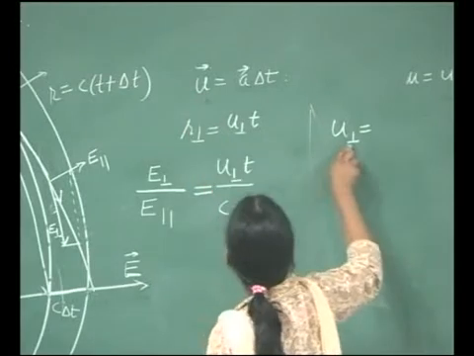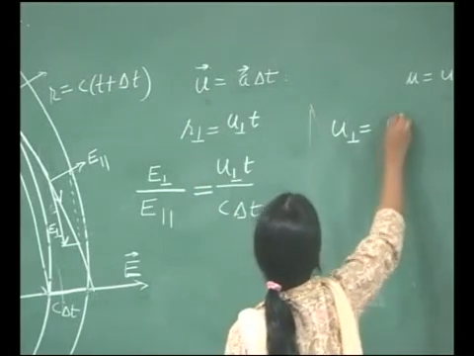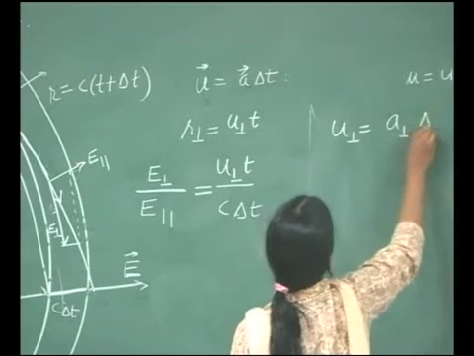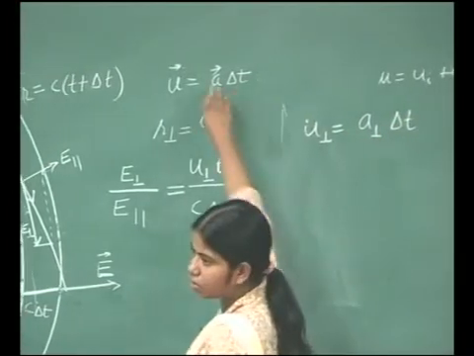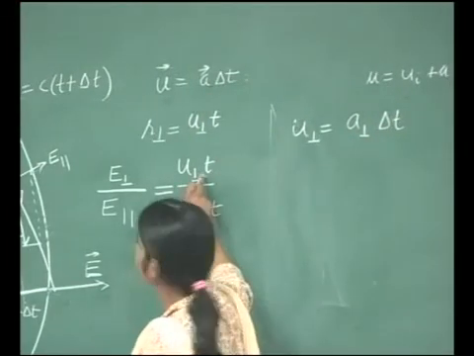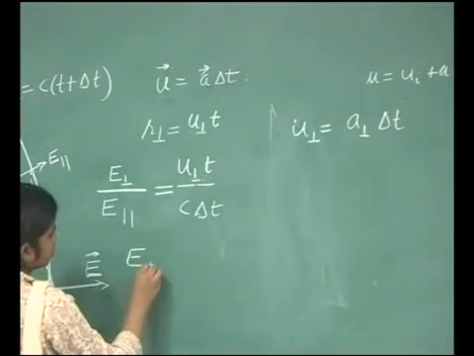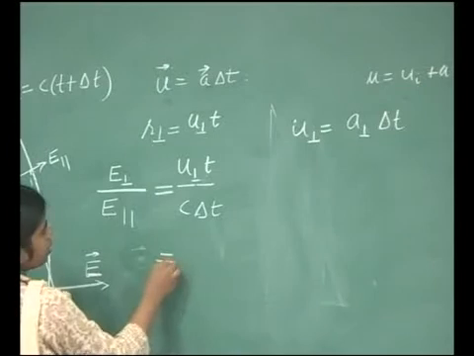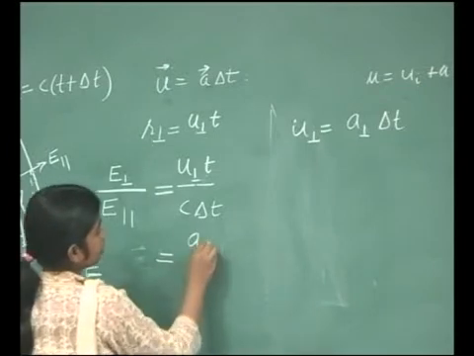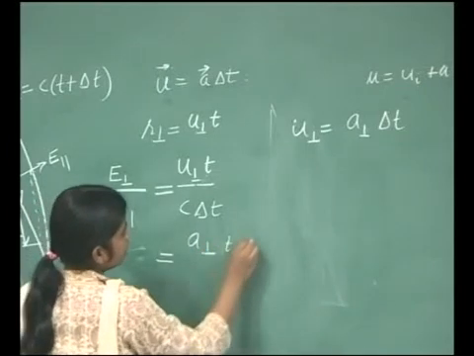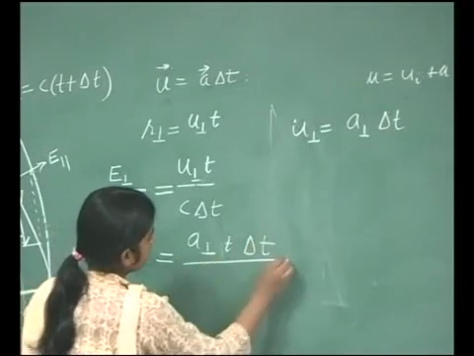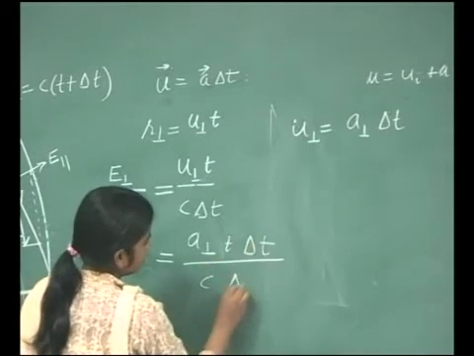So, similarly, I can write that u perpendicular is a perpendicular into delta t. So, I replace this value here. Okay. So, I can write here that it is a perpendicular t into delta t divided by c into delta t.